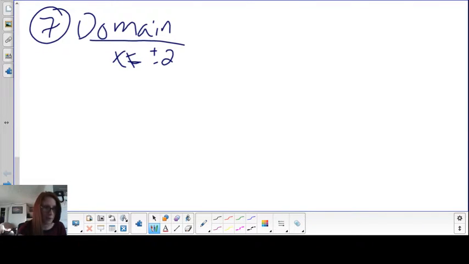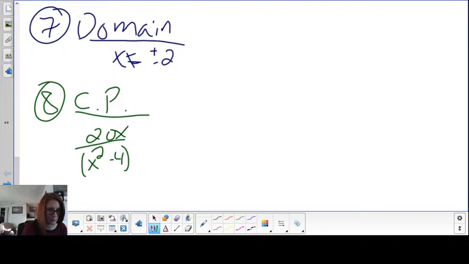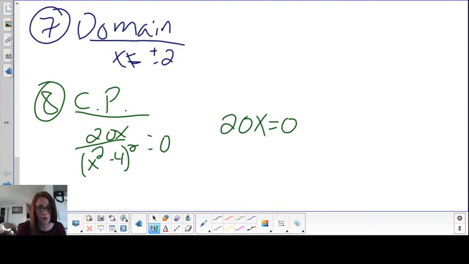Now I'm going to go ahead and talk about my number 8, which is the critical point and point of inflection. But we're going to do it one at a time. So a critical point is when the first derivative is 0. So that was 20x over x squared minus 4 squared. So then that gives me 20x is 0. So a critical point is 0.